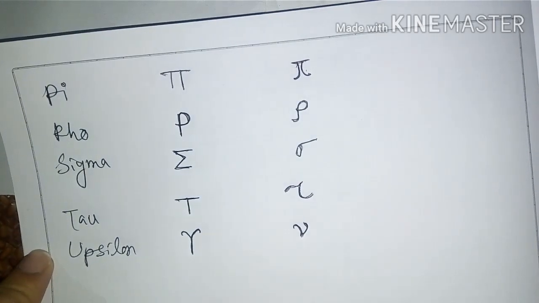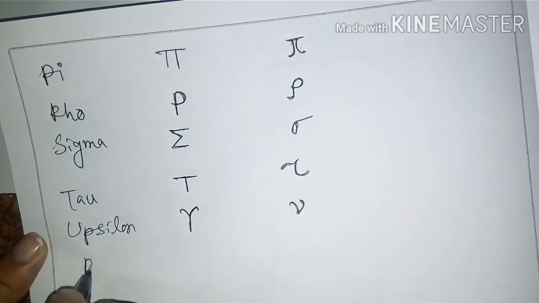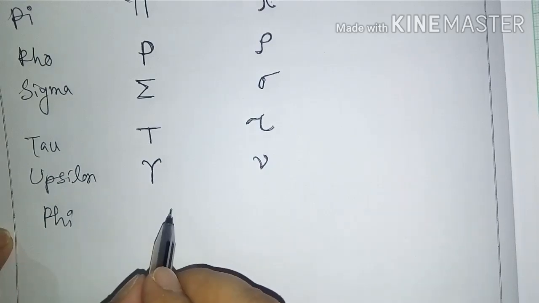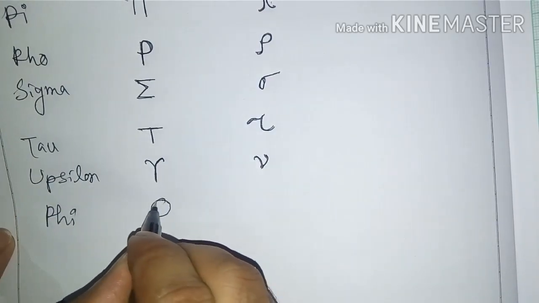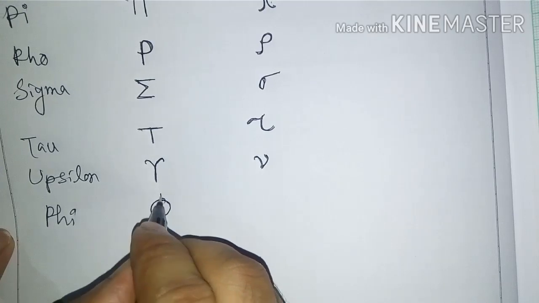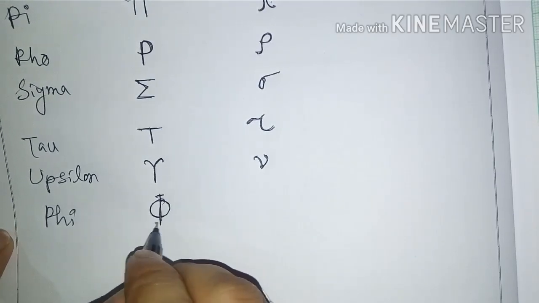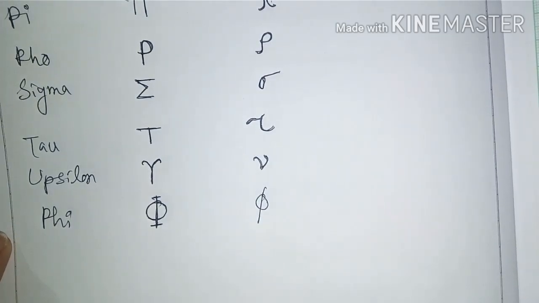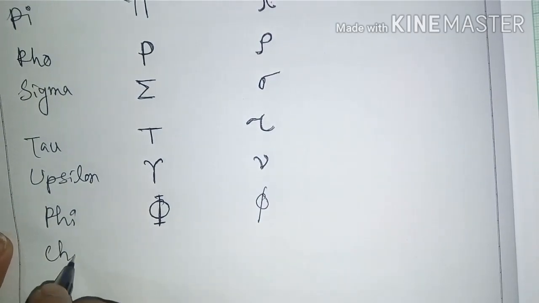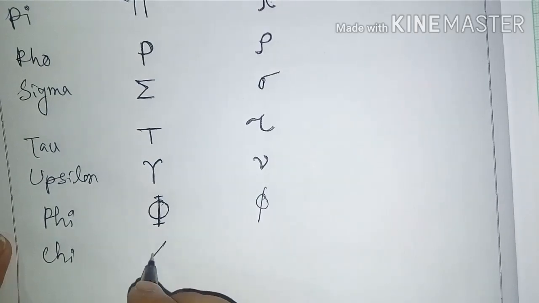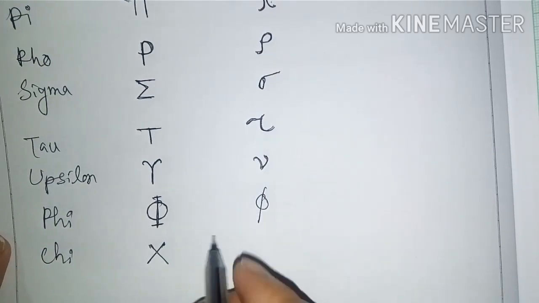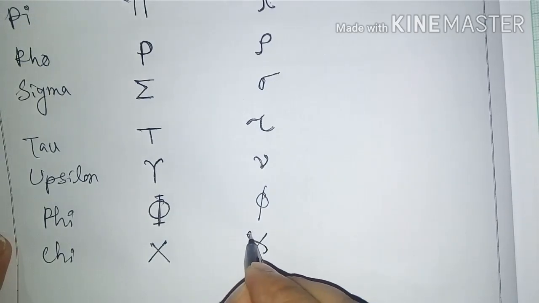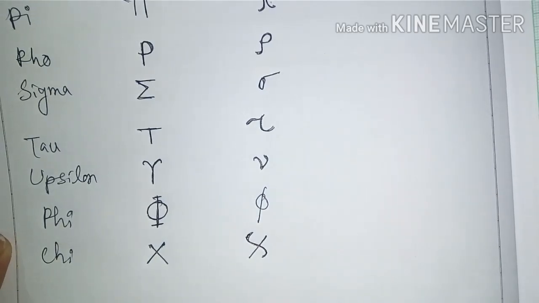Next, phi. This is the capital Greek letter like this, and the small one like this. Next, chi: this is capital X, and this one is the small chi.